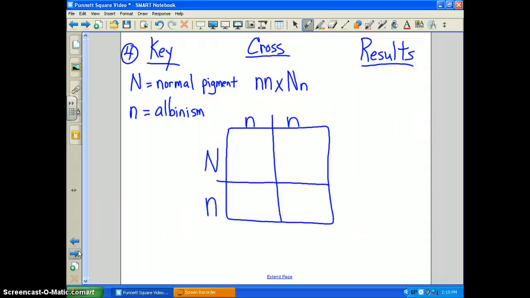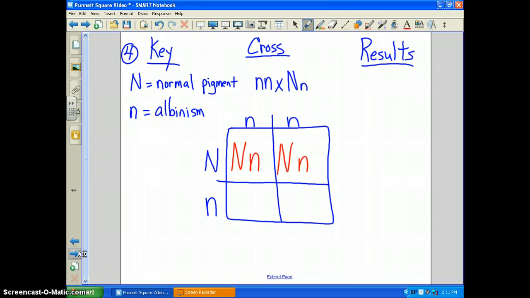If I cross a capital letter N with a lowercase n, Edwin, what should I get here? Uppercase and lowercase. Correct. If I cross an uppercase with a lowercase again, Niasia, what will I get? Capital letter N and lowercase n. Very good. Okay.